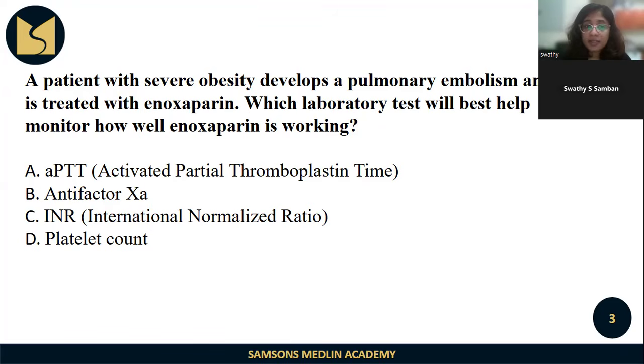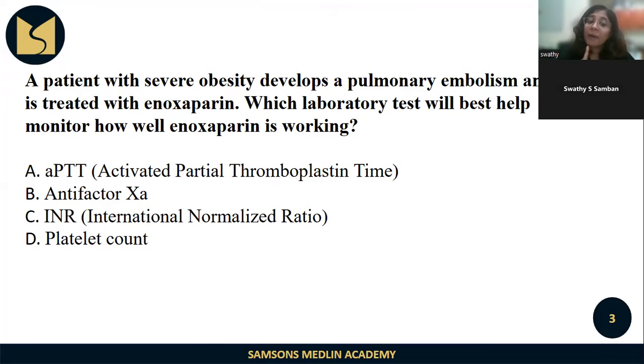From the options, we can directly exclude some. It's definitely not platelet count, as we are not going to rely on platelet count for an anticoagulant. Option C, INR, is used to look into the clotting time, so it's not INR. Now the options left are APTT and anti-factor 10A.